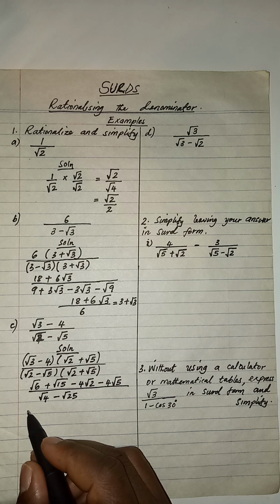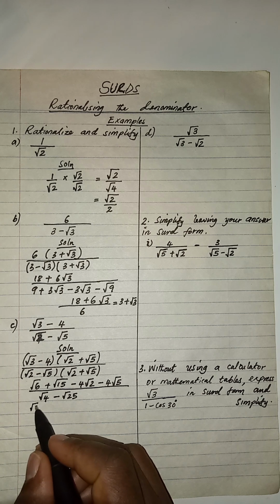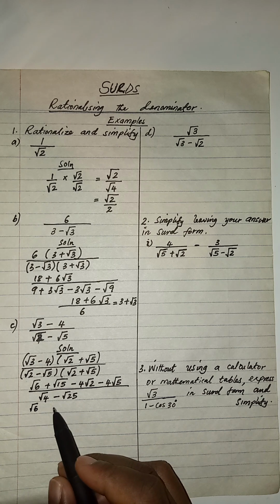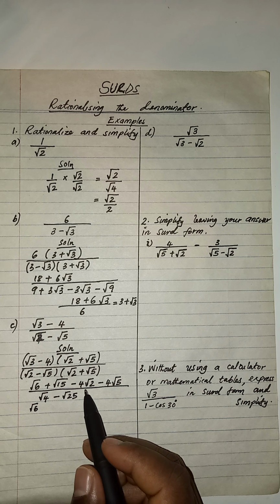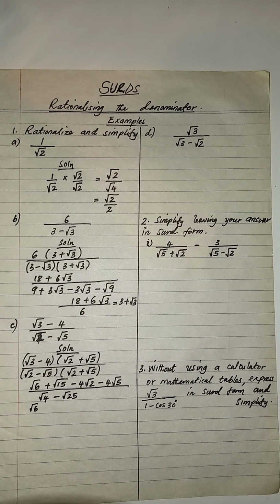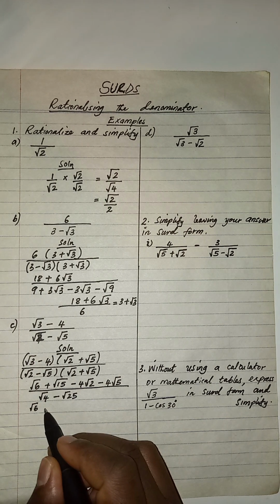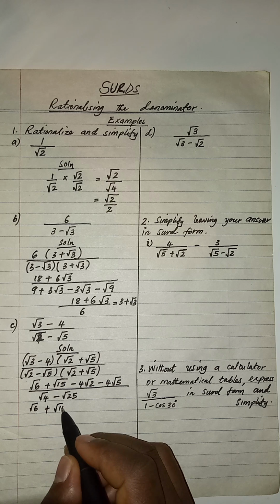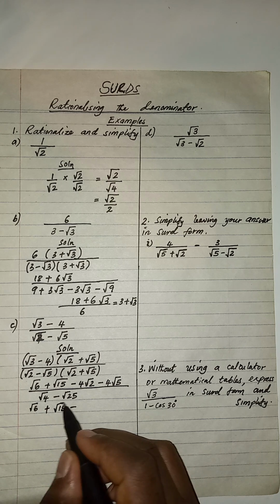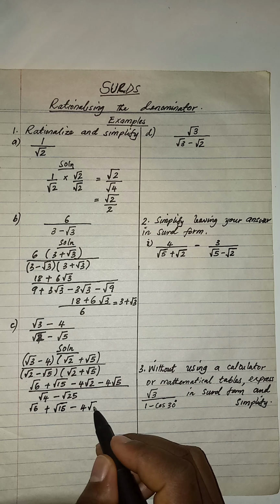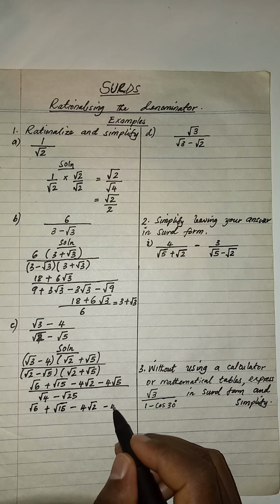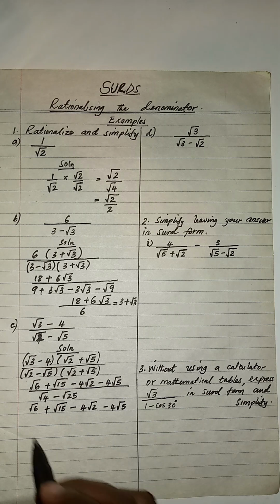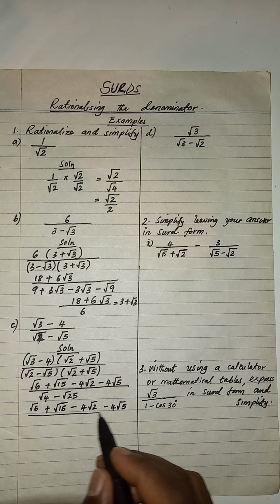This will give us root 6 plus root 15 minus 4 root 2 minus 4 root 5, all over.